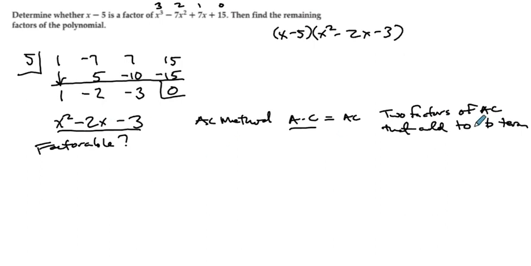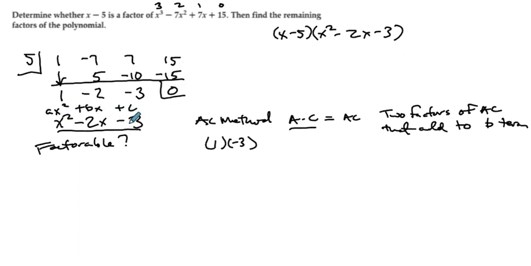That's kind of how this works. And we've done this, so we're going to start with AC. We're going to go 1 times -3. Those are your 2 terms. Remember, this is a quadratic of the form ax squared plus bx plus c. So that's where we're getting that a, b, and c from.